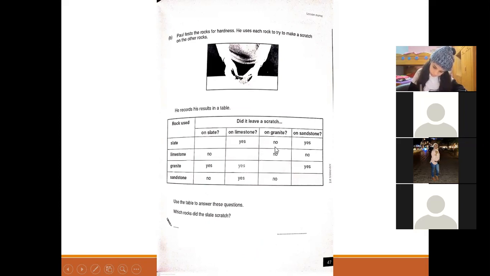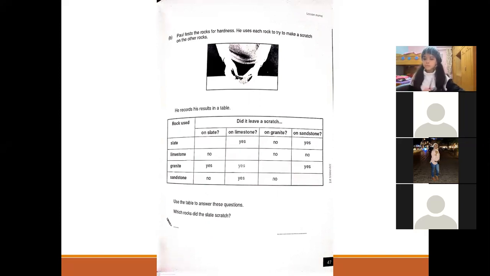Did it leave a scratch? No. Now he tried to scratch the sandstone with the slate. Did it leave a scratch? Yes. All right. So this means that the slate is harder than what and what? It's harder than the limestone and the sandstone. Yes, the limestone and the sandstone.